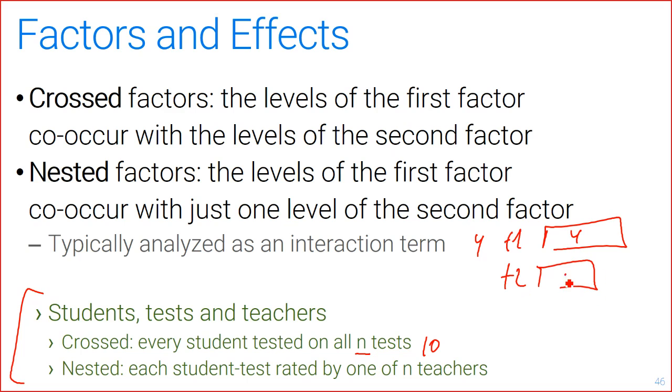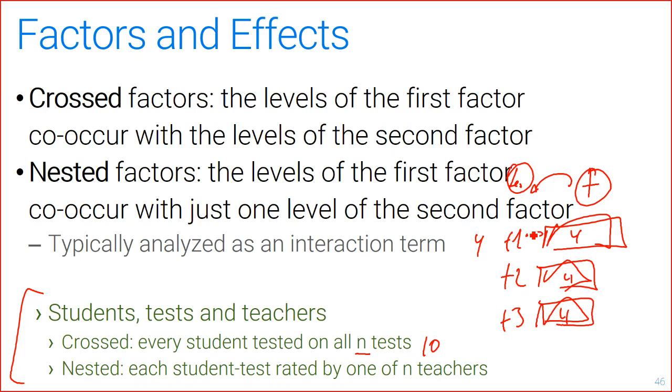For test 3, we have 4 different teachers out of the 10. So here the teacher factor is nested within the test factor. It's not crossed because which 4 specifically are going to be different across different tests. This is what we call a nested factor. Teacher is nested within the test. And this is important because how we analyze the data is going to depend on things like this, whether we are looking at main effects or interaction effects.